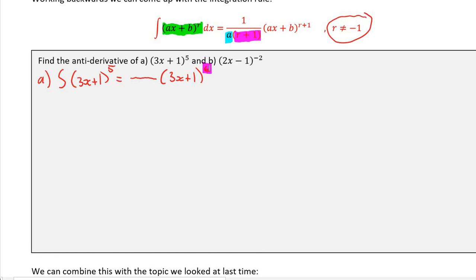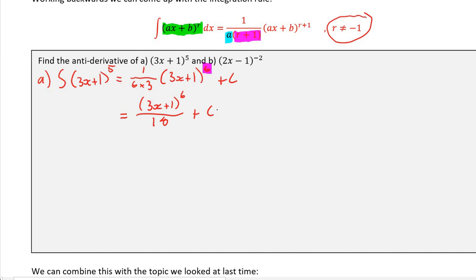Should have highlighted that one in purple. So that should be 1 over 6. And then I times through by the derivative of my inner function, which is 3. And of course, this is an indefinite integral, which means we add plus c on the end for the constant of integration, which if we tidy that up, guys, we should get 3x plus 1 to the power of 6 over 18 plus c.